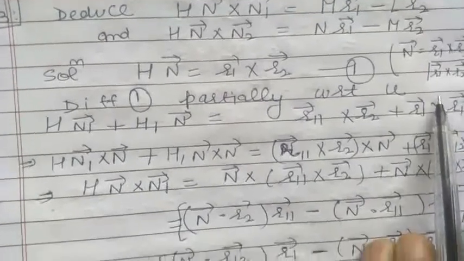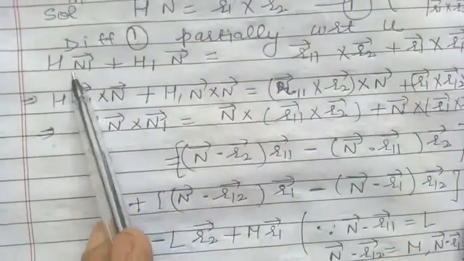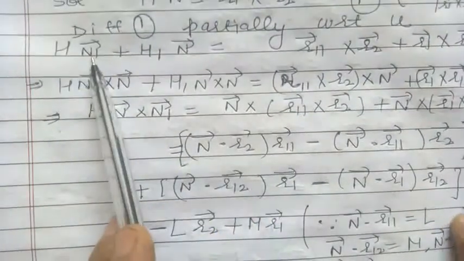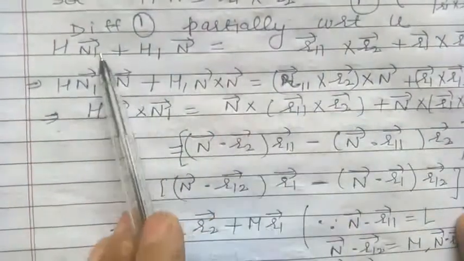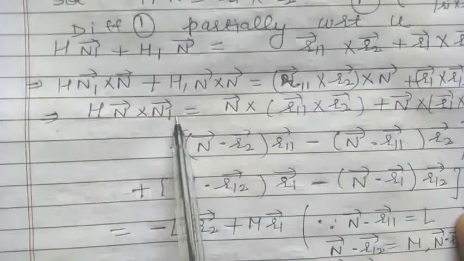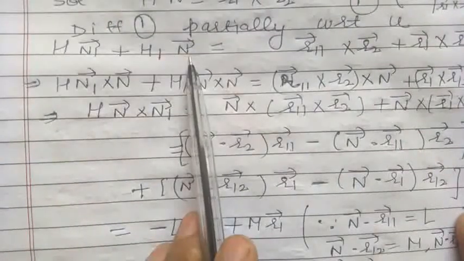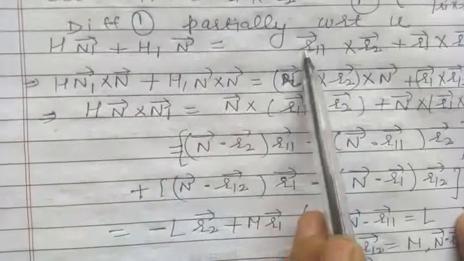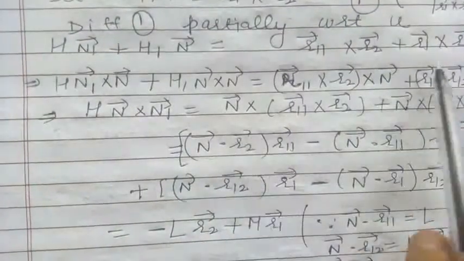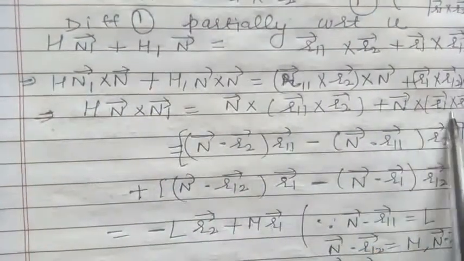Now taking cross product with vector n on both sides of this equation, we get h into n cross n1. Here n cross n will be 0, so this term will become 0. Here taking cross product with vector n, and here also taking cross product with vector n.